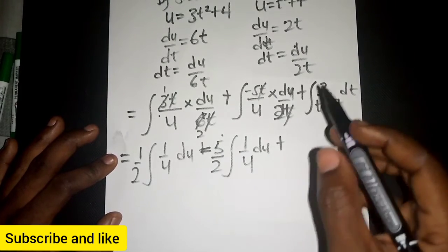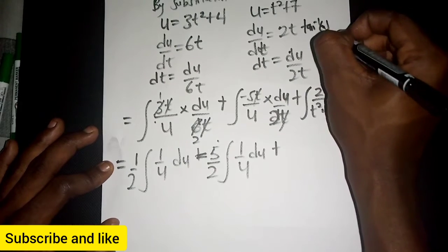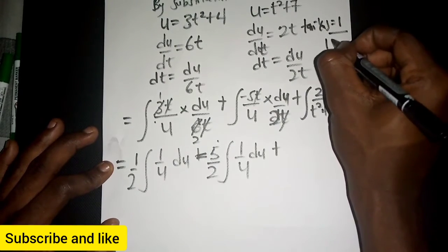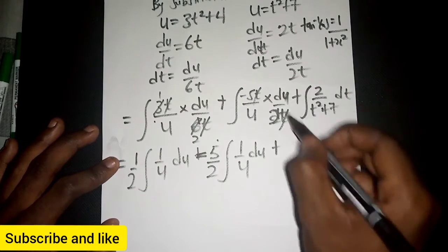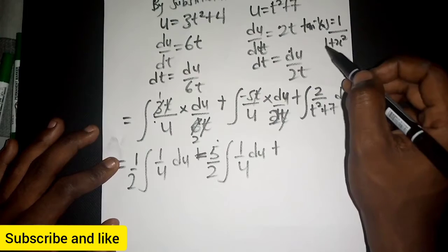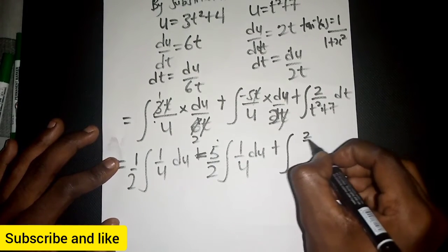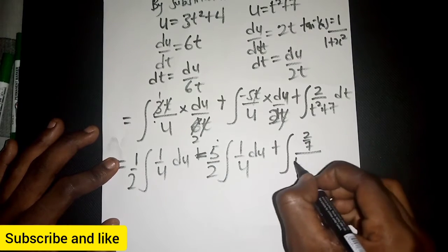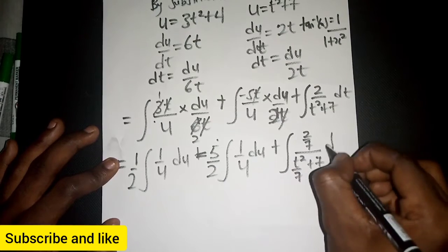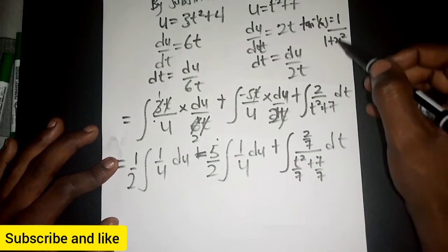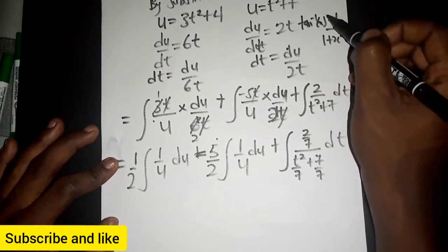Now the derivative of tan inverse of x is just 1 over 1 plus x squared. If that is the case, then we have to write this in the form of a tan inverse. So we divide here by 7, then we can have t squared divided by 7, then 7 divided by 7, because we want to write the whole of this in terms of tan inverse.